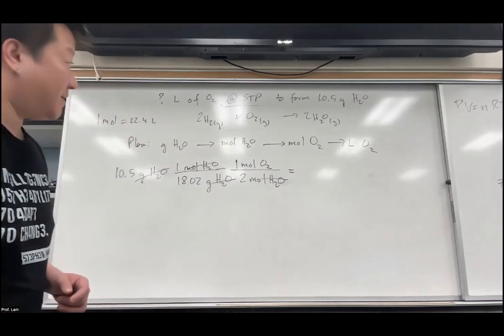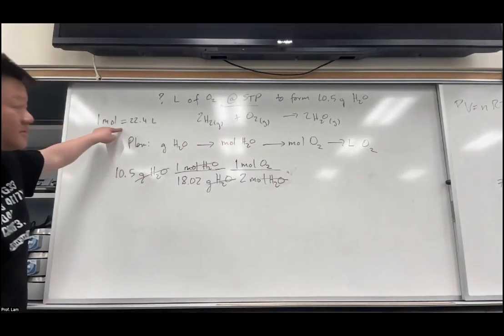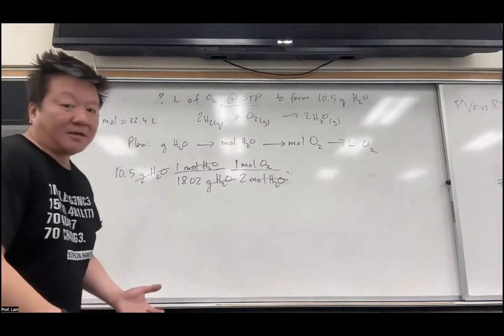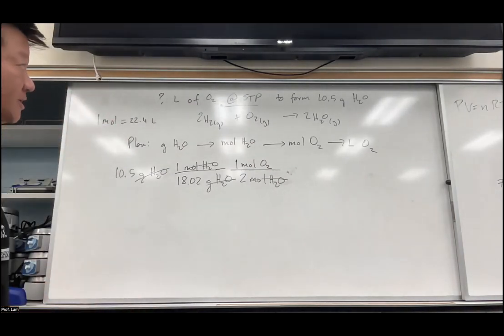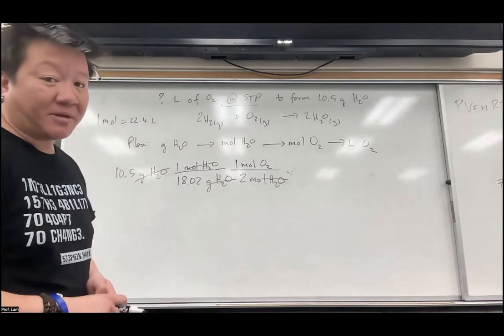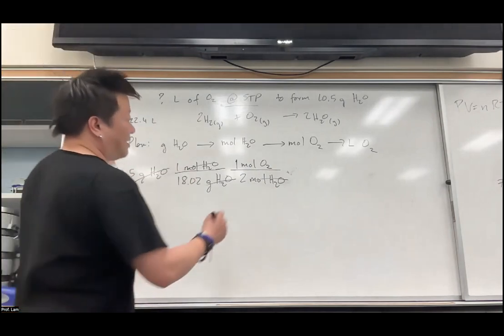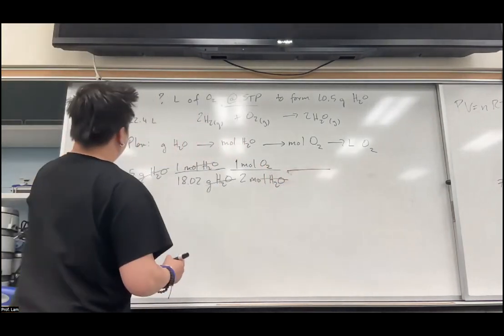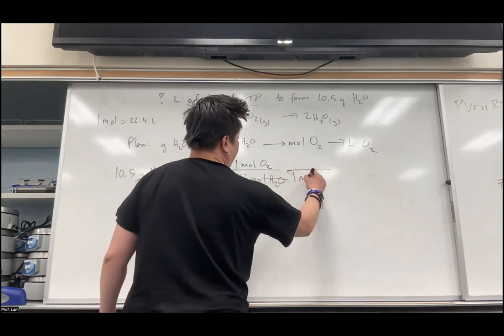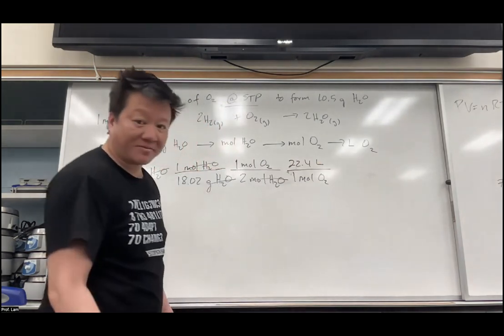And then let's get that. Oh, at this point now, we realize, oh, I don't need to use PV equals nRT because I'm at STP. I mean, I could use it. It would give me the same answer, but it's a lot more cumbersome, isn't it? So at STP, I already have this equivalency. I could just go straight to 1 mole of O2 on bottom, which takes up 22.4 liters of space.